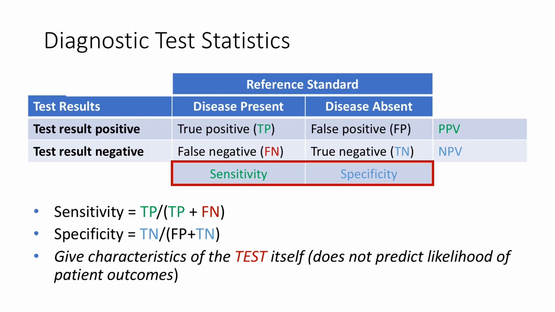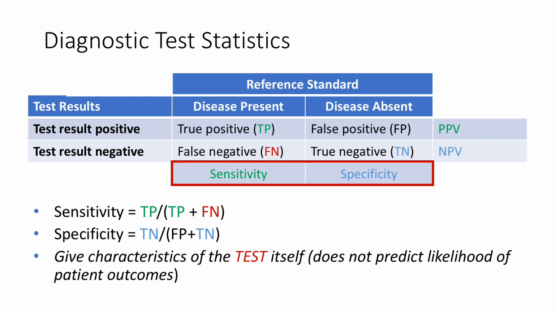Let's see how these numbers are calculated, starting with sensitivity and specificity. All important statistical calculations in diagnostic test studies arise from this 2x2 table, the table that shows the number of true positives, the number of false positives, the number of false negatives, and the number of true negatives.